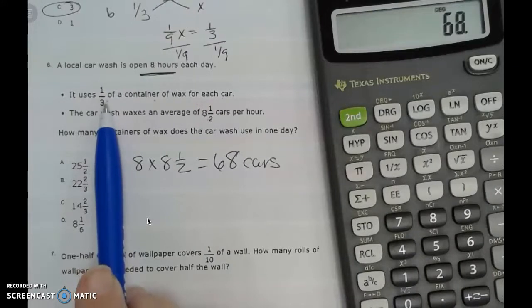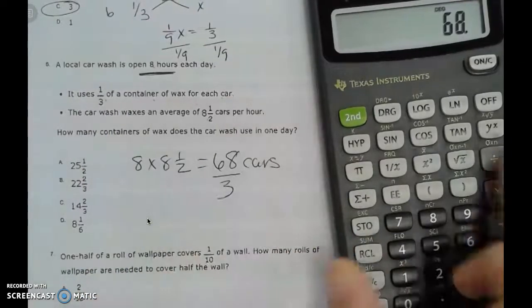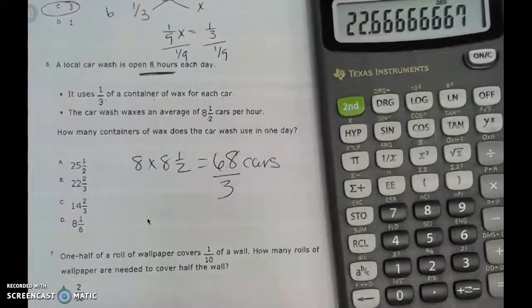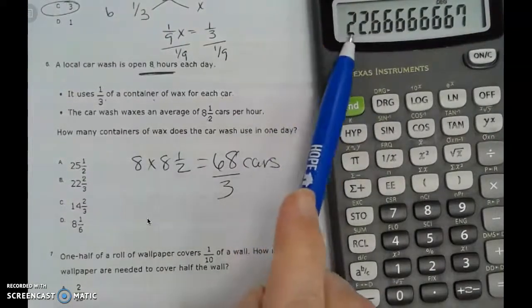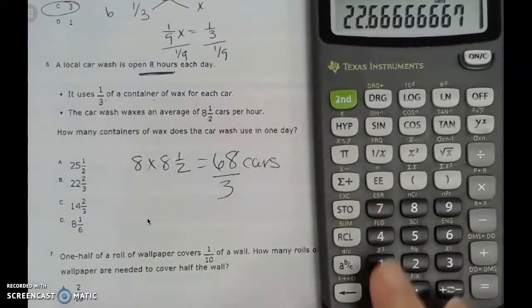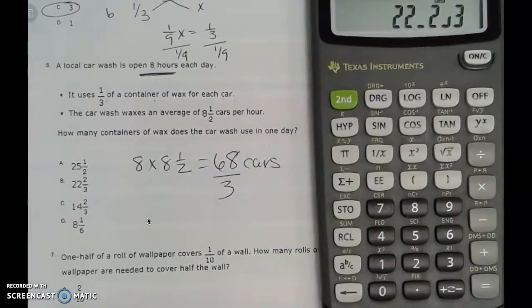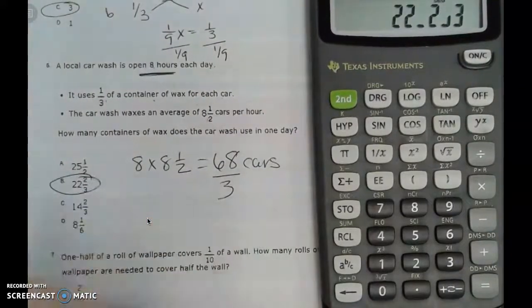So that means I need, with one container, I can wash 3 cars. So then divide that by 3, and that tells me that I need 22 point, there's a bunch of 6's and 7's. Now, if I want to change that to a fraction, if I hit second and this arrow key, that takes me to 22 and then 2/3.